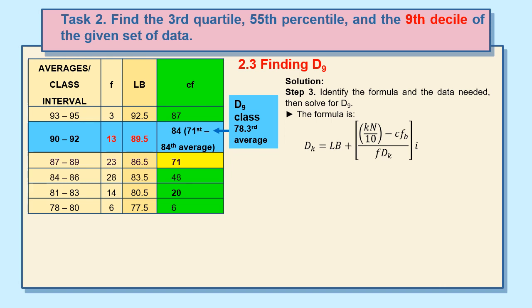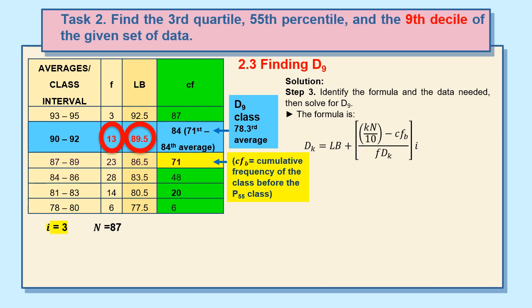In this class, our lower boundary, or the LB, is 89.5, our F is 13, our Cf sub b is 71, and the I is 3. Note that our Kn over 10 was already done in step 2, which is 78.3.